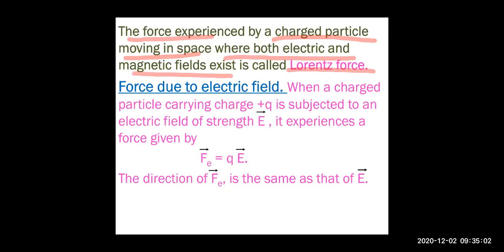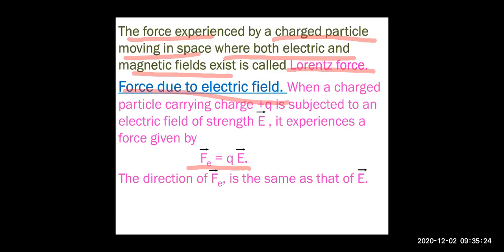Okay, now force due to electric field, this already we have done in unit number 1, that when a charge is moving in electric field, the force on it is given by F equals to QE, where Q is the charge that is moving and E is the external electric field strength, right?